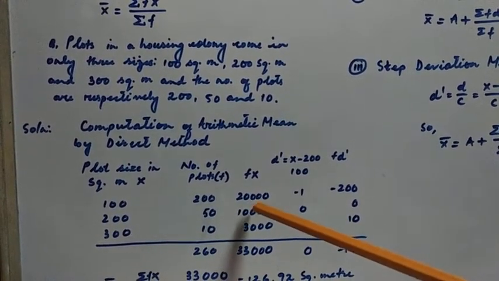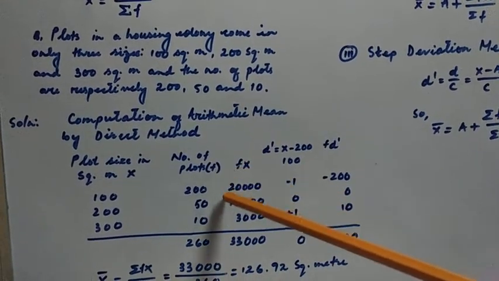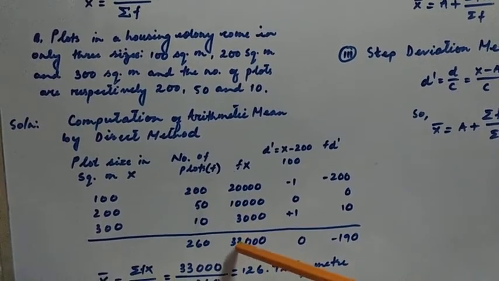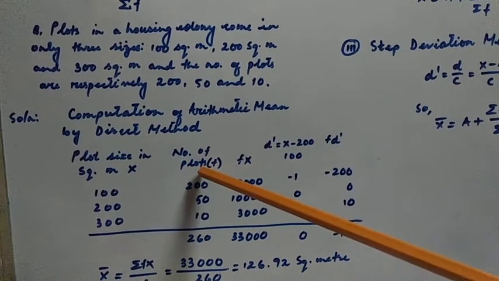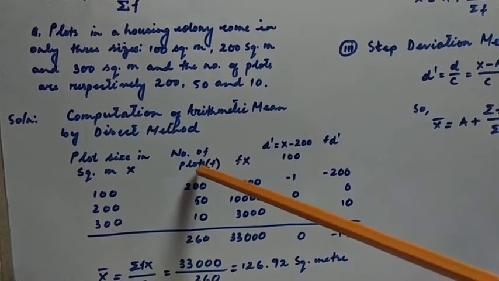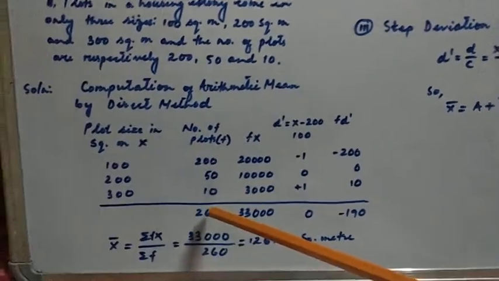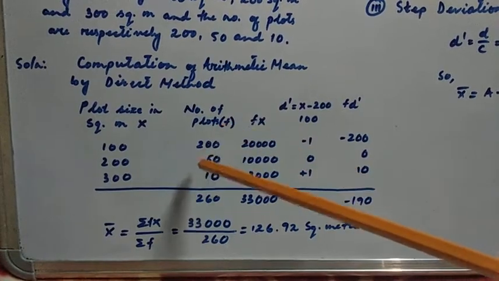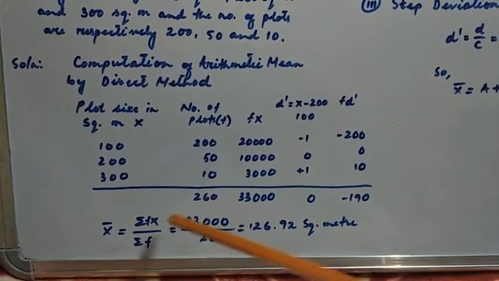Again we have to sum up the values that we have obtained, and the summation here is 33,000. And number of plots, this is f. We have to get the summation of f also, so we have 260. After finding summation f and summation fx, we can apply the formula.